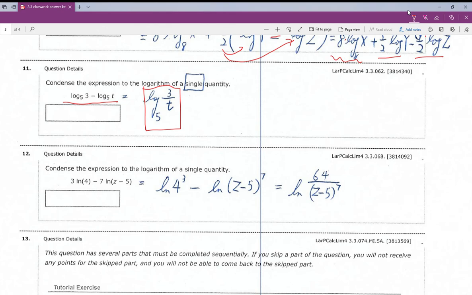And what does subtraction mean? Subtraction means division inside one log. So when you have two separate logs, the subtraction means division inside one log. Same thing here. When you have subtraction, it means division.